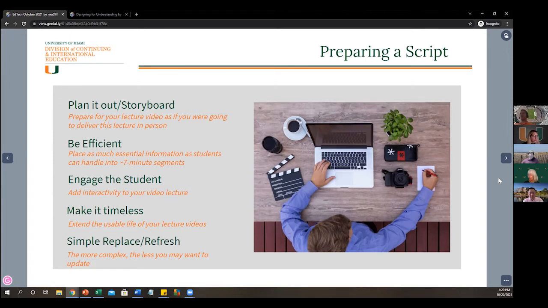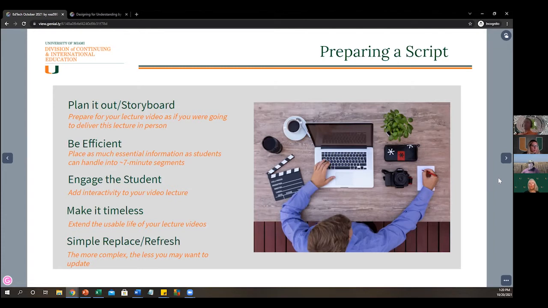You can start to see where the essential material is since you have it all written out in front of you. Then you can figure out where you might want to remove some material, where the extra things are that aren't necessarily important, or how you can compact all of that information into as short a segment as you possibly can, again maximizing the efficiency of the time that you have with videos.